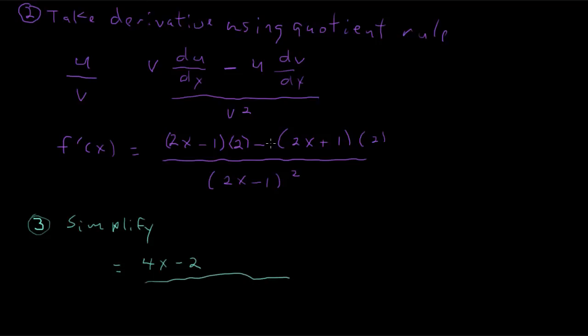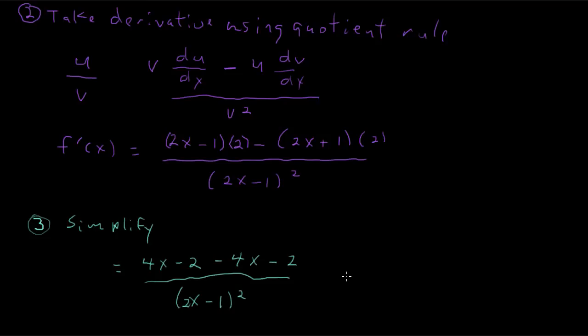If we distribute that minus 2 into the 2x plus 1, we'll get minus 4x minus 2. And then let's keep the denominator the same as it is, 2x minus 1 squared. There's no sense in expanding that out.